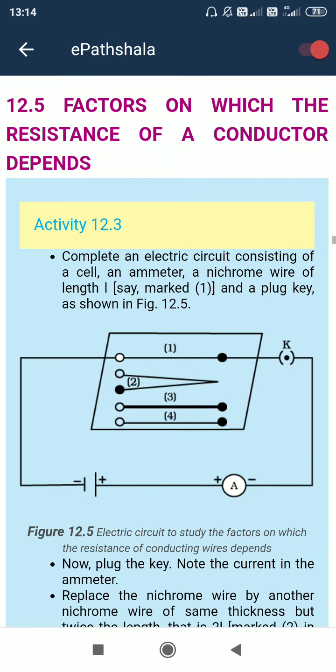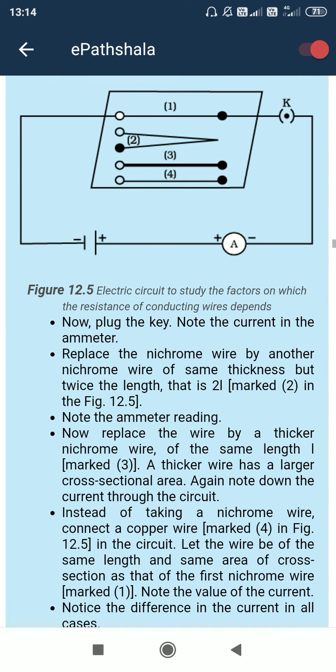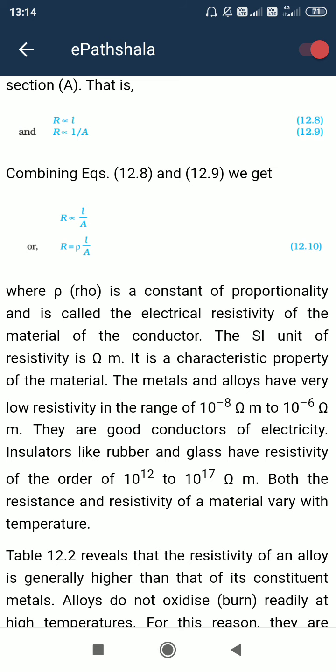Now see the factors on which the resistance of a conductor depends. Whatever factors affect the resistance of that particular material are captured in the formula R equals rho L by A. If we increase the length of the wire, the resistance will increase. If we increase the area of the material, the resistance decreases, so it is inversely proportional.